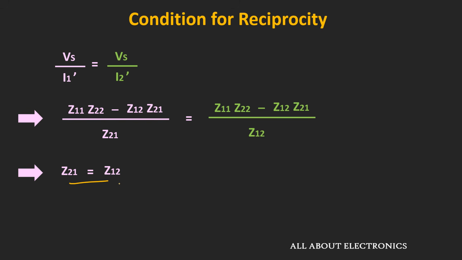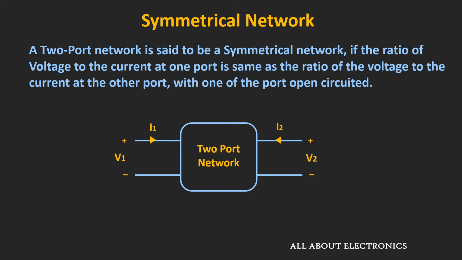Similarly, now let us see the condition for the symmetrical network. And for that, first of all, let us understand what is a symmetrical network. So a two-port network is said to be a symmetrical network if the ratio of voltage to the current at one port is the same as the ratio of voltage to the current at the other port, with one of the ports open circuited.